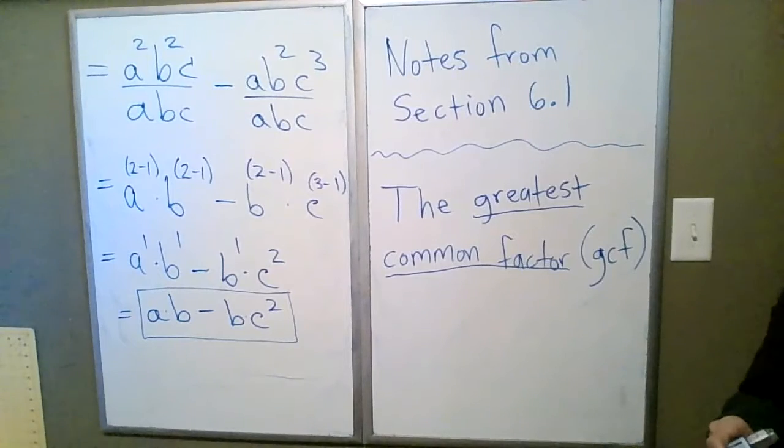Okay, the greatest common factor, let's say for a polynomial, is the largest monomial that divides each term in the polynomial.